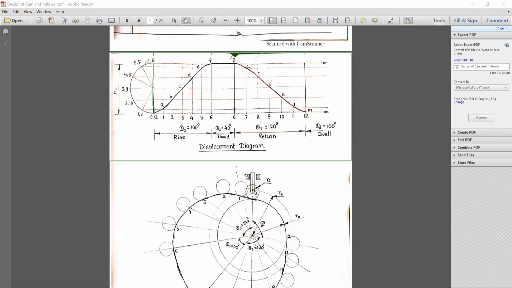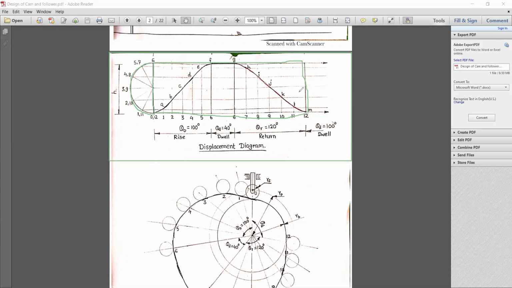Then I have drawn a semicircle, or you can say a half circle. Then again we need to draw this rectangle based on the angles.